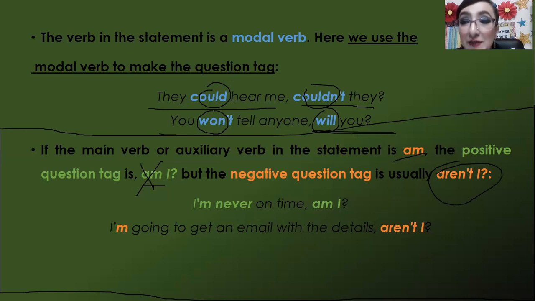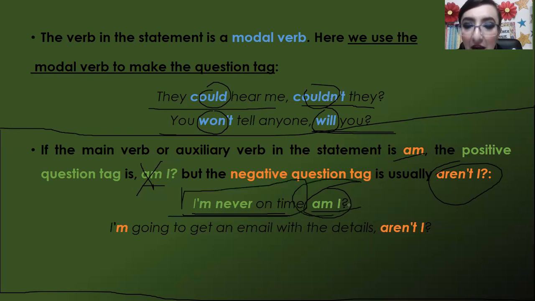You are not going to be saying, I'm not I, or not am I. No, we are going to have here: I am never on time. Am I? I'm never on time. Am I? Negative sentence, positive or affirmative question tag.